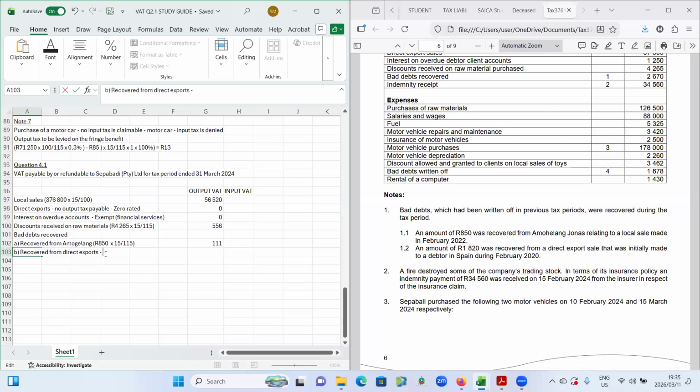So if a debt on an export becomes bad, you are not going to claim input tax from SARS because in the first place you did not pay output tax. Why? Because exports are zero rated. So there's no output tax that is levied here.